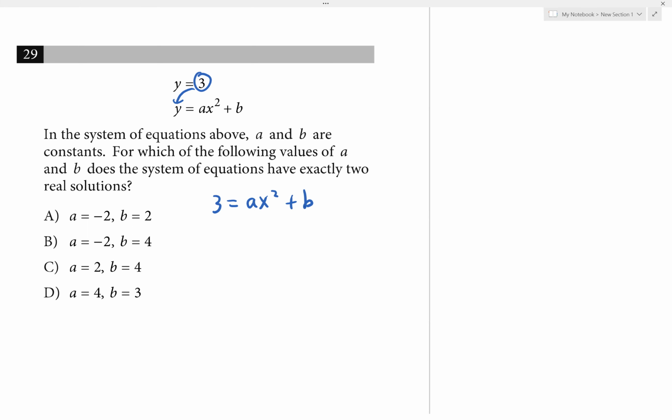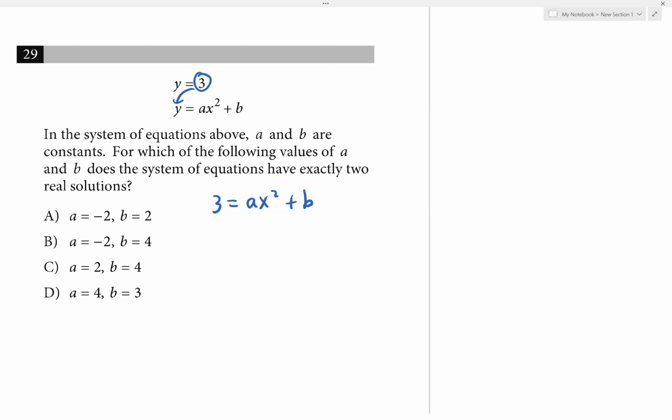Now we have to look at the answer choices and see what numbers to plug in. We can plug in a and b, solve for x, and see if we get two real solutions or not.